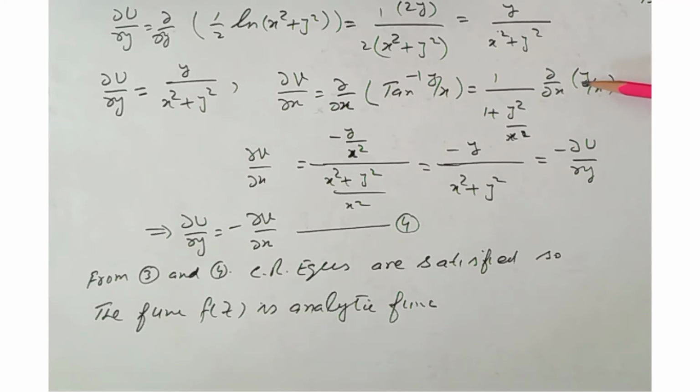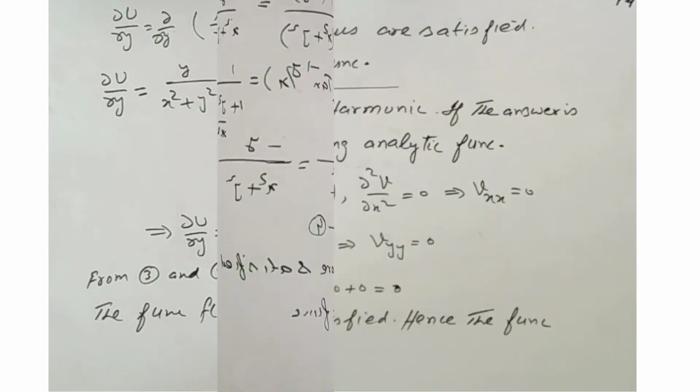So after taking its derivative it becomes minus y over x square, as written over here, and after simplification we get as result minus y over x square plus y square, and this is equal to minus partial u over partial y. So we have partial u over partial y equal to minus partial v over partial x. From equations 3 and 4, the Cauchy-Riemann equations are satisfied, so the function f of z is an analytic function.